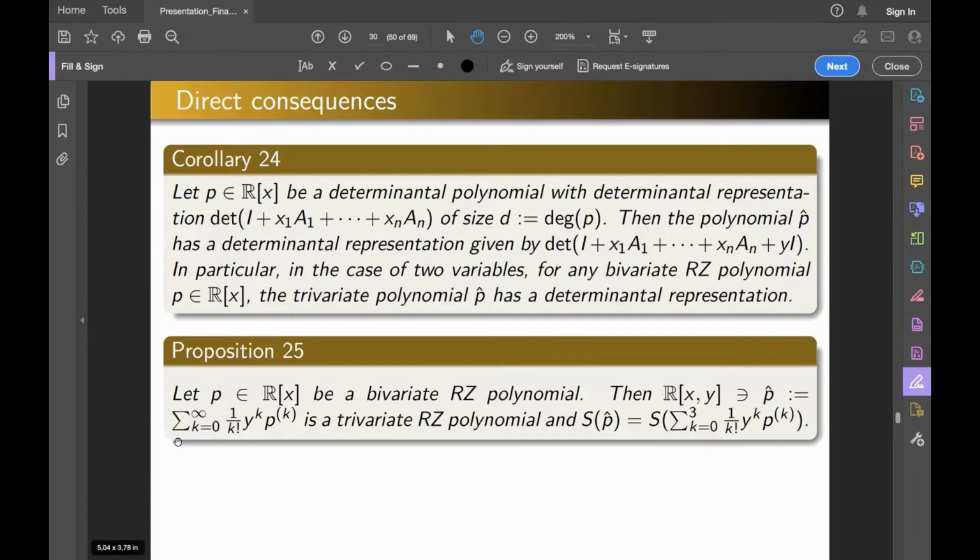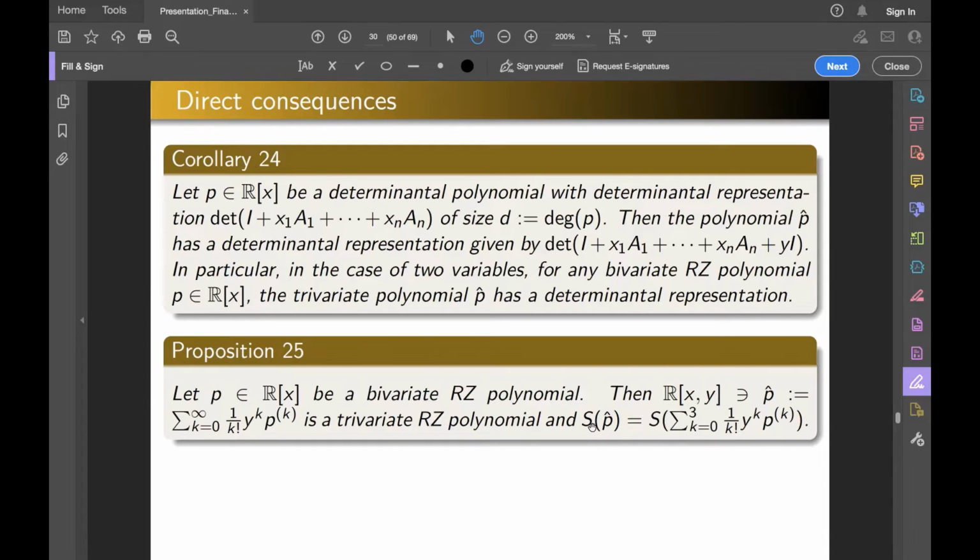And as we are restricting to planes, we take the special case of planes, and then we have that every bivariate real zero polynomial, we use Helton-Vinnikov here, if we have a bivariate real zero polynomial, then this polynomial has a determinantal representation, and then the operation of taking hat is also a real zero polynomial and has a determinantal representation also.